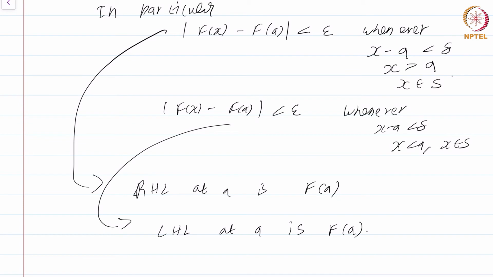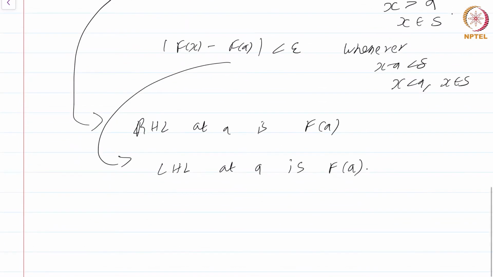These just follow from the very definition of limit. Excellent. So we have shown that continuity means that right hand limit at a is f of a, left hand limit at a is also f of a.